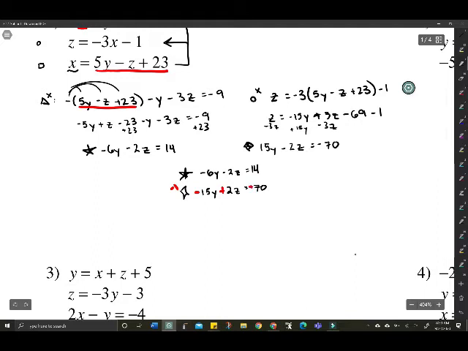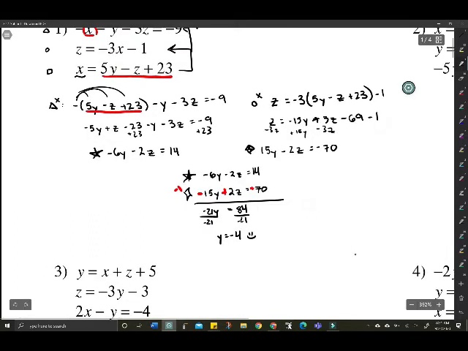And then the z's cancel. I get negative 21y is equal to 70 plus 14, 84. And if I divide by negative 21, I get, luckily, y is equal to negative 4. All that for y, which is equal to negative 4.